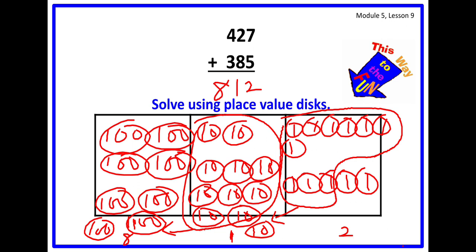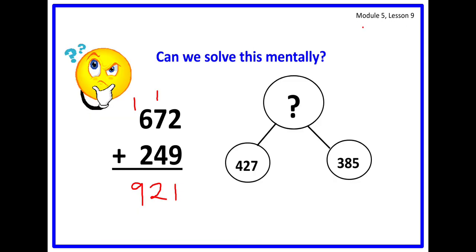Then in the 10 side, we bundle another 10 because 10 tens mean 100, and we take it to the 100 side, left with 1 ten. So how many 100 do we have? We now have 800. So 427 plus 385 is 812.